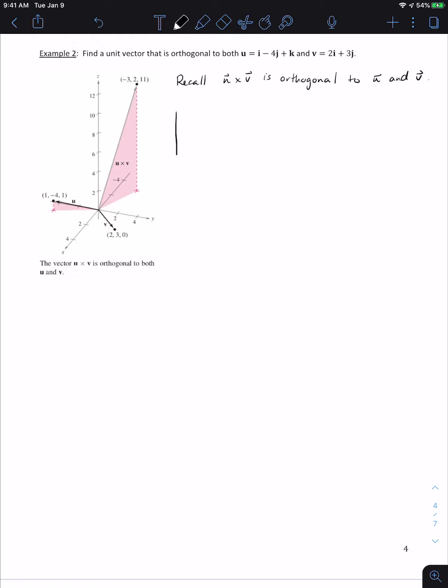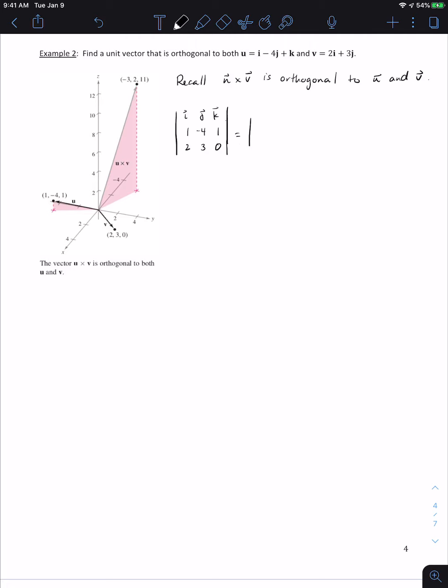In order to do that, we take i, j, and k. U cross v, so this is 1, -4, 1, and then 2, 3, and then the k component for v is 0.